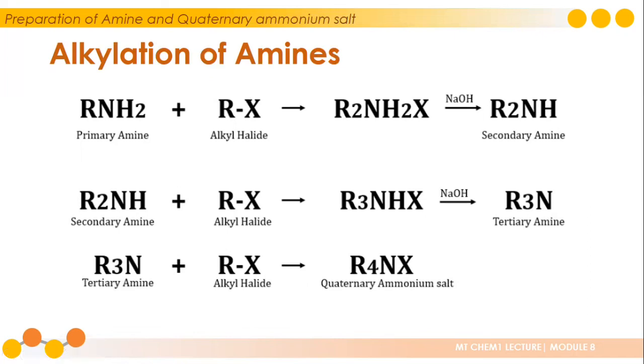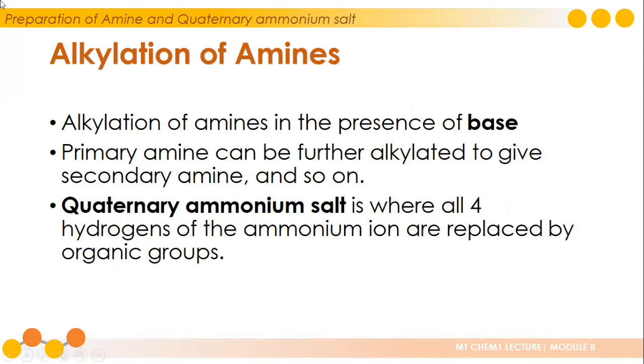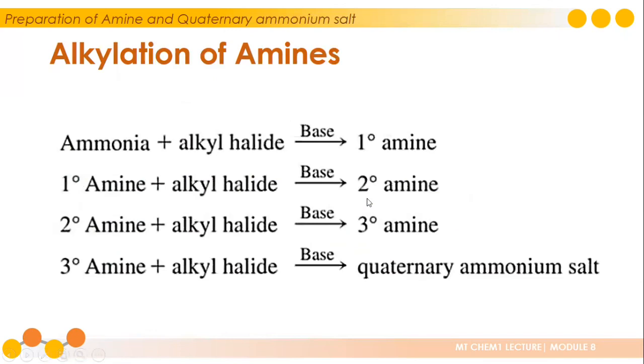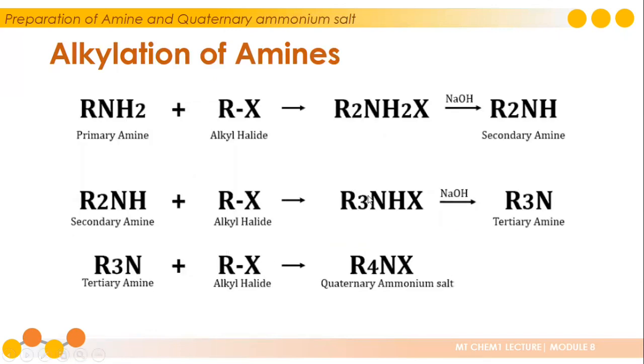All you need to remember here is that primary amines can be further alkylated to give secondary amines and so on. And then we also have to remember the meaning of quaternary ammonium salt, wherein no hydrogen exists anymore and all of them are replaced by organic groups or alkyl groups.